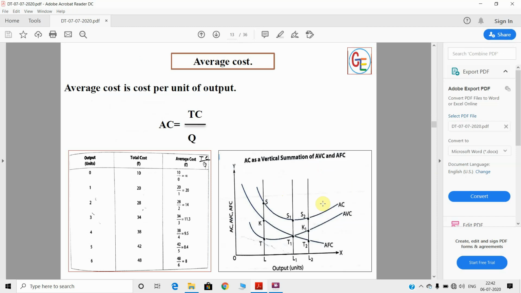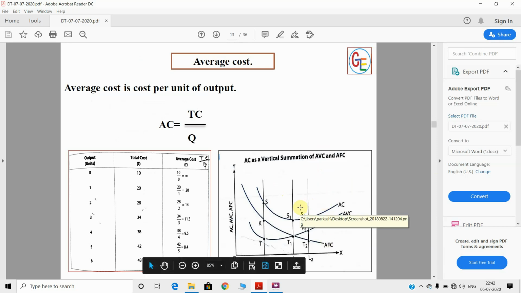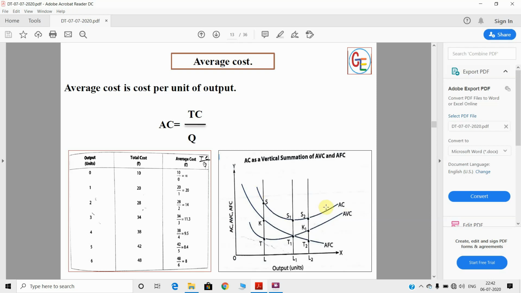Next, average cost, that is TC by Q, it is the per head output cost. If you can remember, the shape of the AC curve is U shape and the shape of the MC curve is also U shape, and the AFC curve is a rectangular hyperbola.